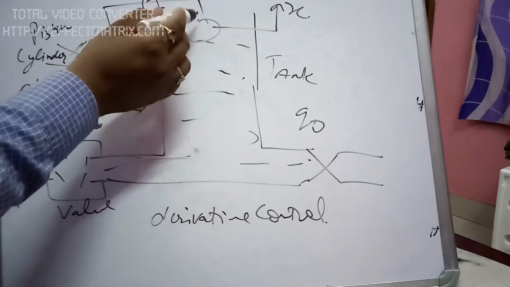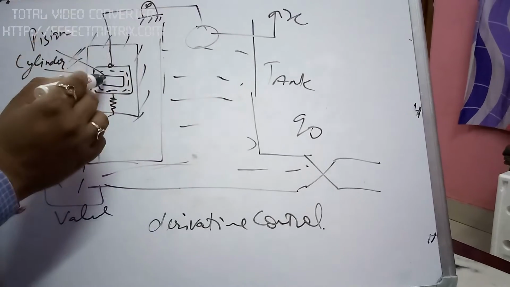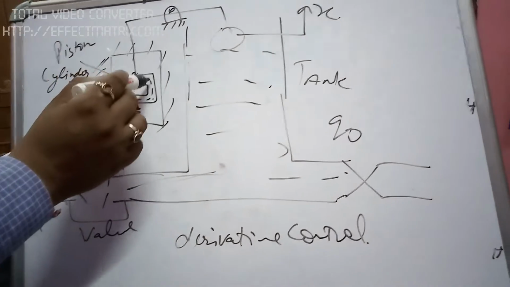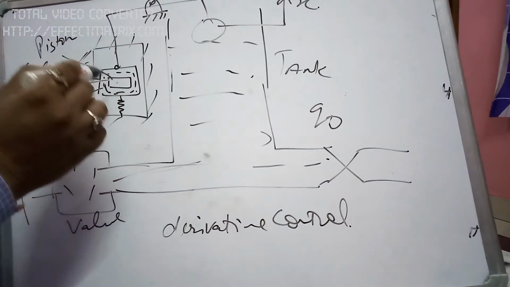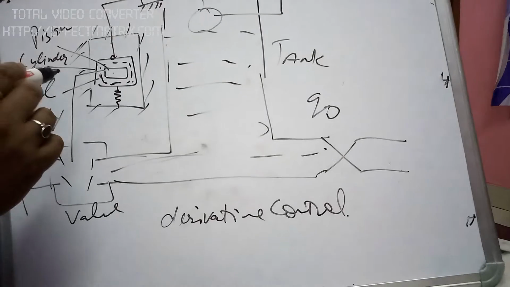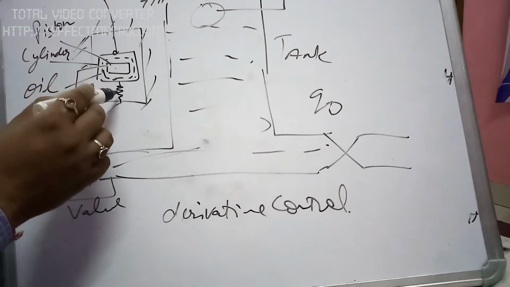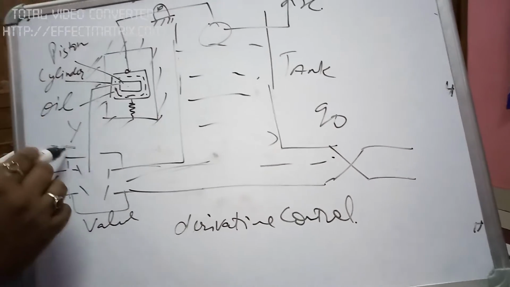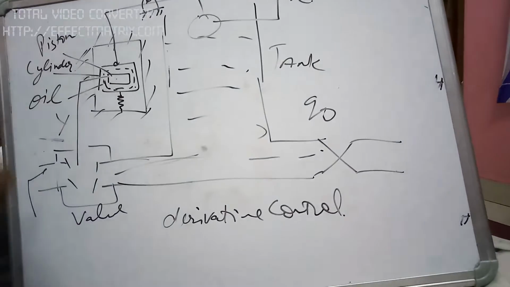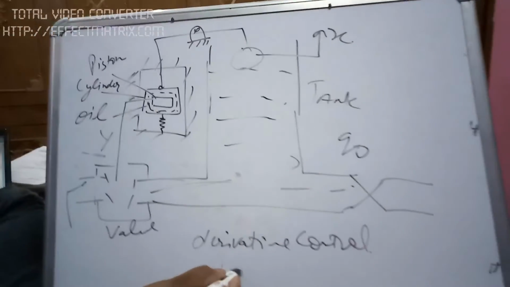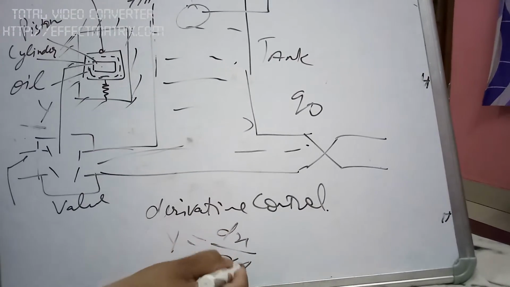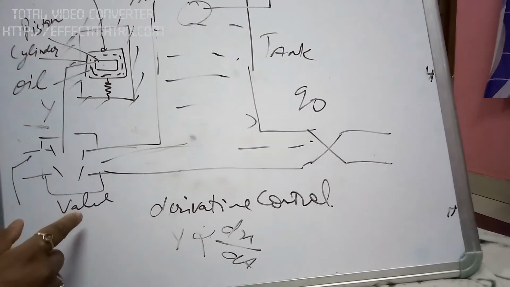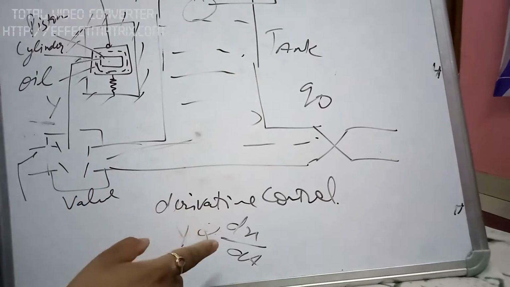First, the float movement generates a force on the piston, and because the piston is surrounded by oil, a damping force is created inside. Because of the spring and the damping force, there is a corresponding movement generated by this system, and that is proportional to dx by dt. It means the y output given to the valve is the derivative of x.